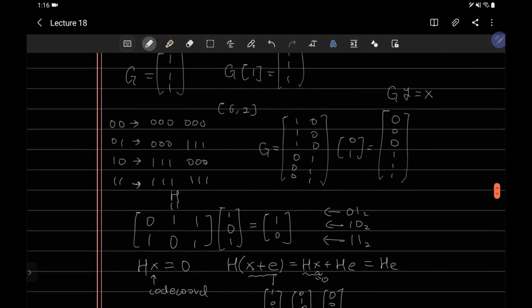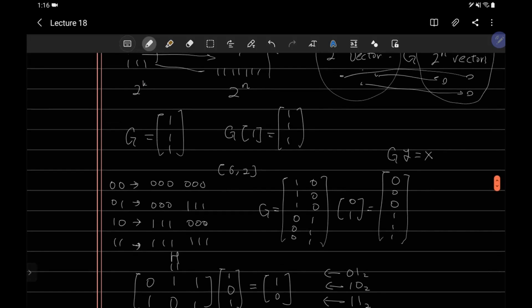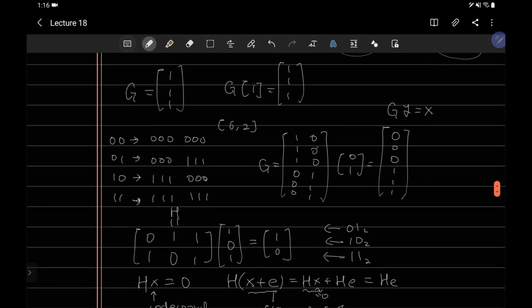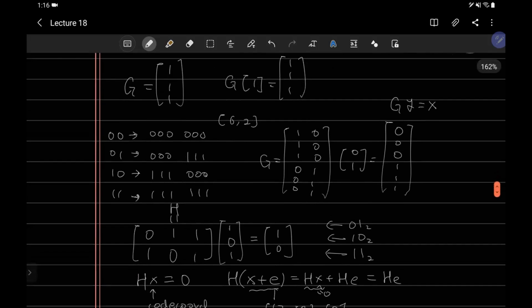Also, what we can see is that the way we generate the code word from the message is that we multiply the generator to the message, which is composed of a small number of bits, like k bits, and then we generate this code word. But note that all the code words here are linear combinations of all these column vectors.